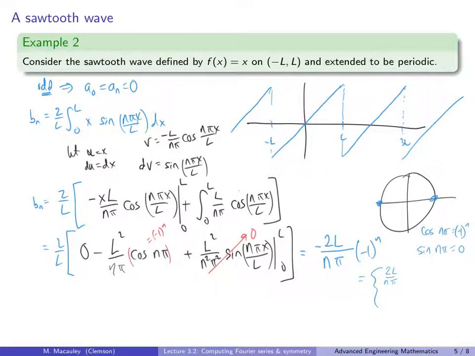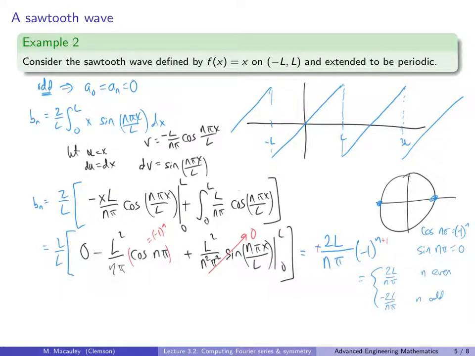So if I want to, let's make that positive and let's put an n plus 1 here. So now this is going to be negative precisely when n is even. That's when n plus 1 is odd. So when n is even, and it's going to be positive 2L over n pi when n is odd.